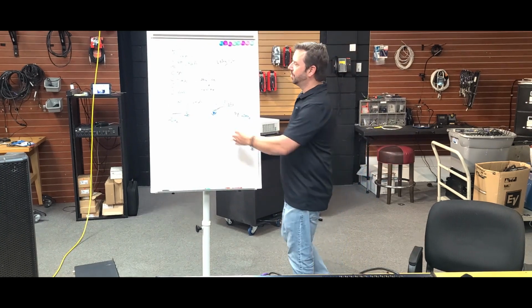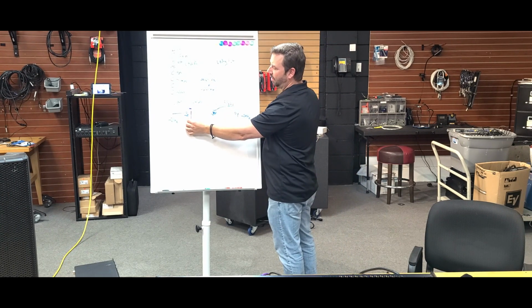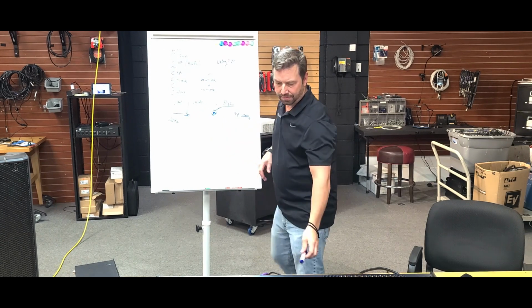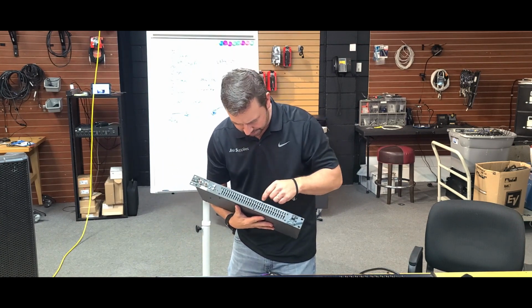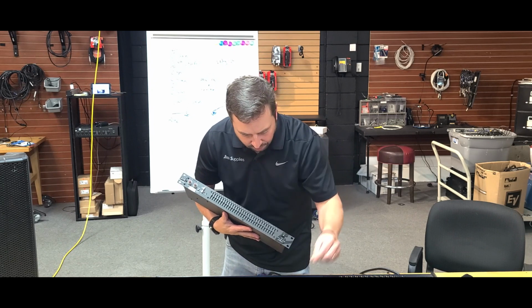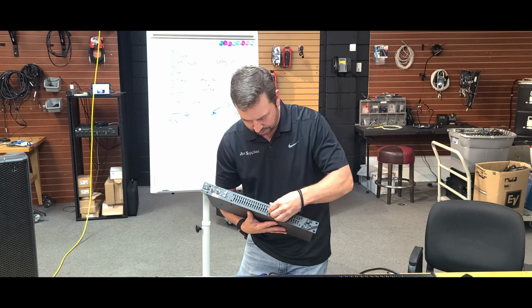All right, so that's 250 to 5K. You can imagine if I'm rotating this knob to the right, it's kind of going across this, right? If I want to boost, I rotate it to about 1K, and essentially what that's doing is boosting that frequency.